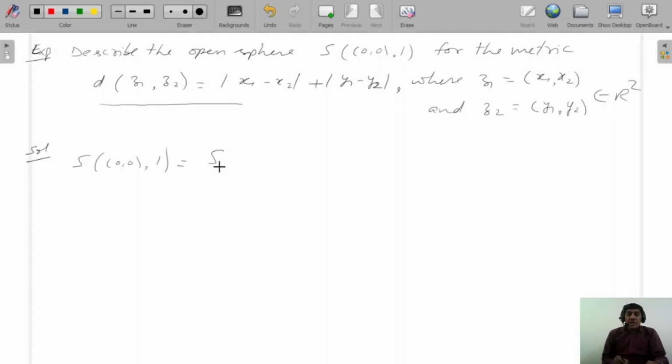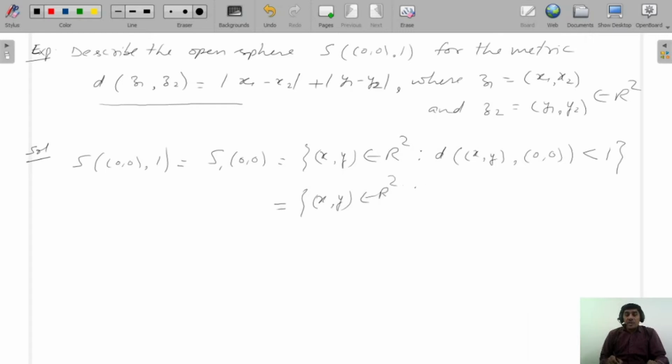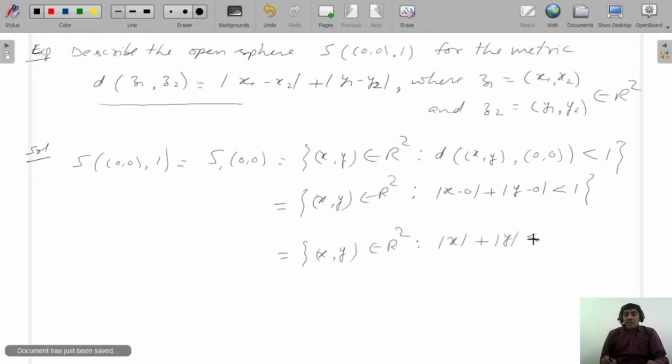We can also write it as S((0,0), 1) is equal to the set of (x,y) belonging to R square such that the distance between (x,y) and (0,0) is less than 1, which is equal to the set of (x,y) such that modulus of x minus 0 plus modulus of y minus 0 is less than 1, which is equal to the set of (x,y) such that modulus x plus modulus y is less than 1.